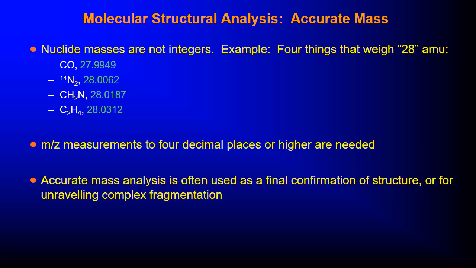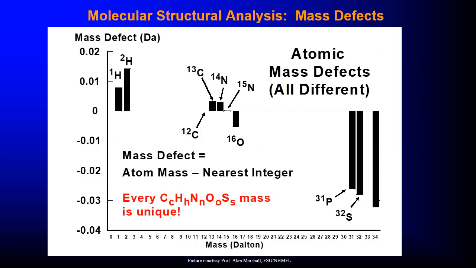Mass to charge ratio measurements to four decimal places or higher are needed. That is very, very important. Accurate mass analysis is often used as a final confirmation of structure or for unraveling complex fragmentations. So you can see atomic mass defects.